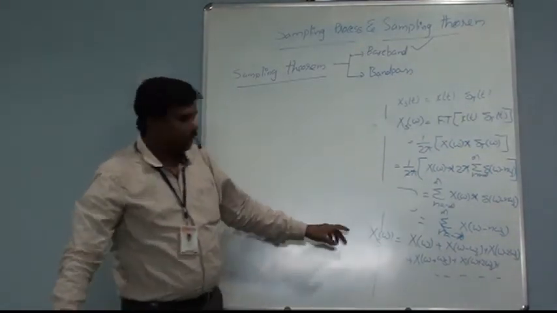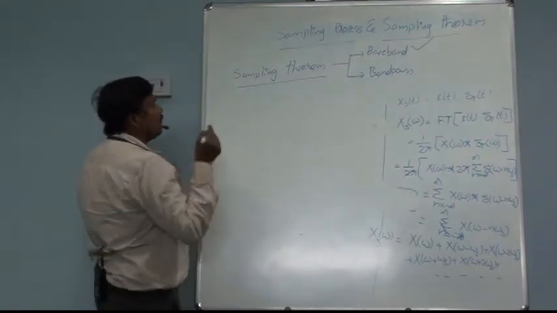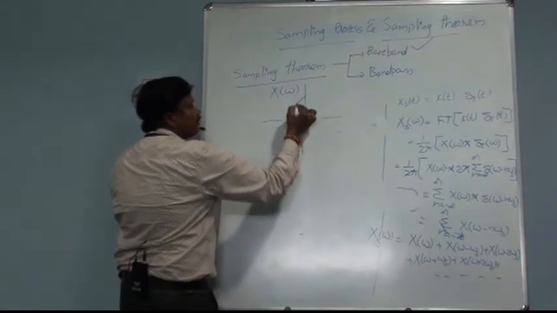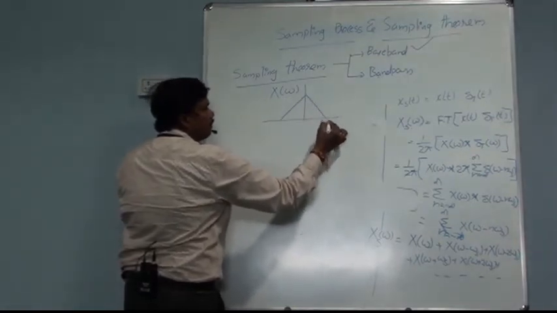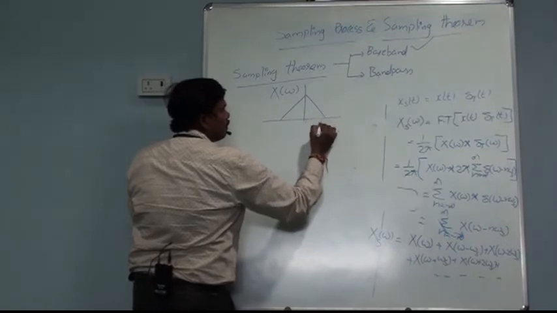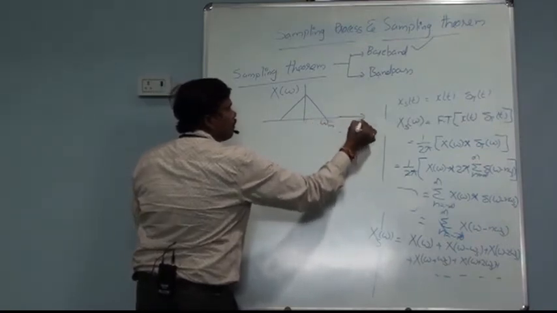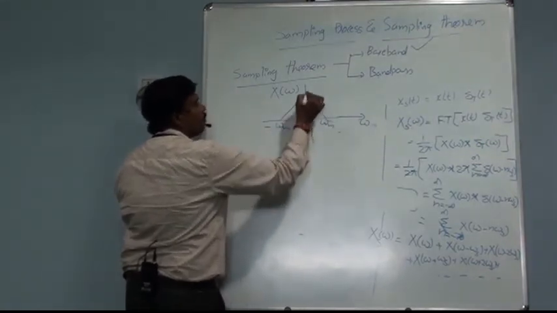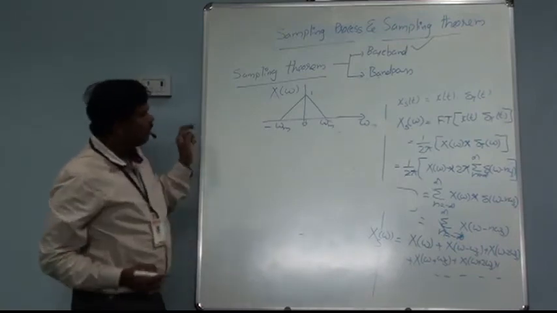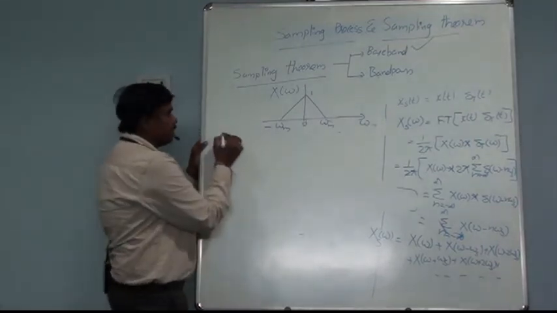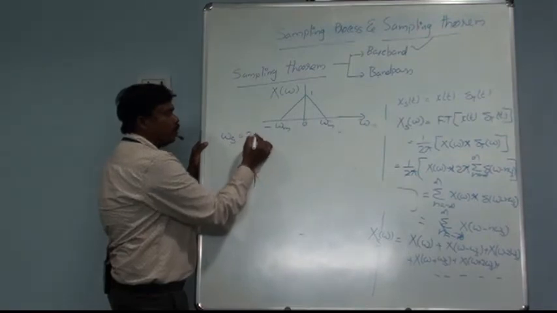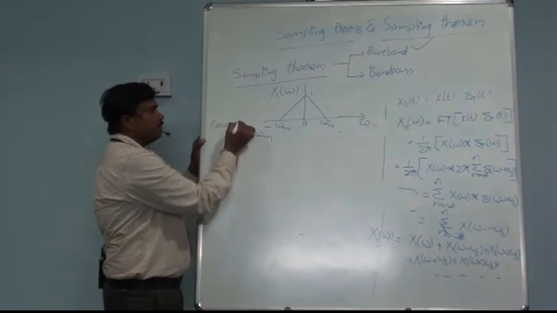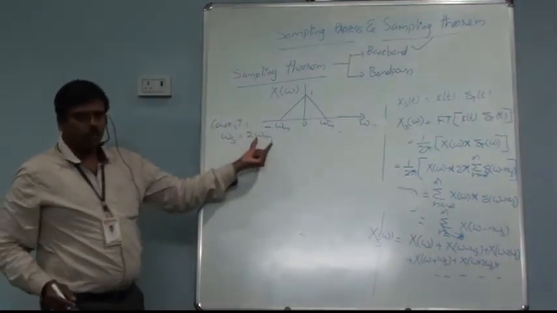Now I would like to draw this information graphically. First I am assuming that X of omega looks like this. Now the first condition I am taking, case 1, is omega s equal to 2 omega m.